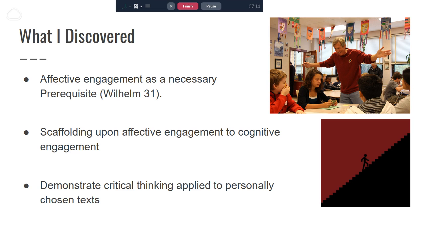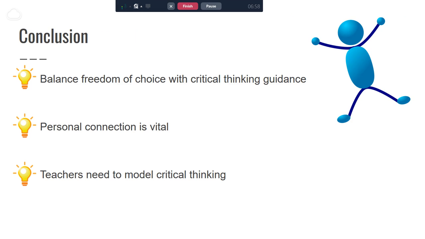And so this is the demonstration or the modeling that teachers or professors need to do, is demonstrate and show us how we think critically. Not only get students to think critically, but show them, this is how I think deeper about a text. Now you try.